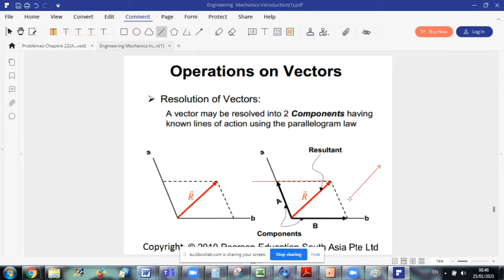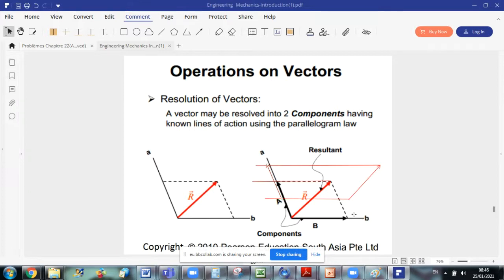I start from the tail, which is the start point of the vector, and take a parallel to B. It will intersect the A axis at a first point. Then I take the head of the vector and also draw a parallel to B. It will cut the axis at another point. By joining the two points, I get the projection on the A axis.